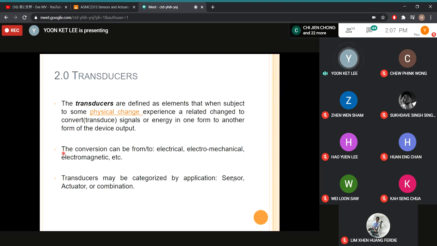For example, the conversion can be from electrical to electromechanical or electromagnetic. So the transducer can be categorized by the sensor or application. Sometimes the transducer acts as a sensor, but it needs to do something more.